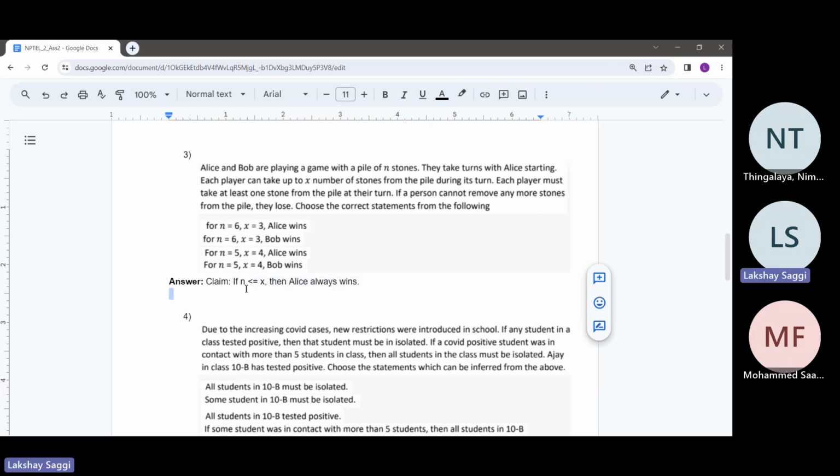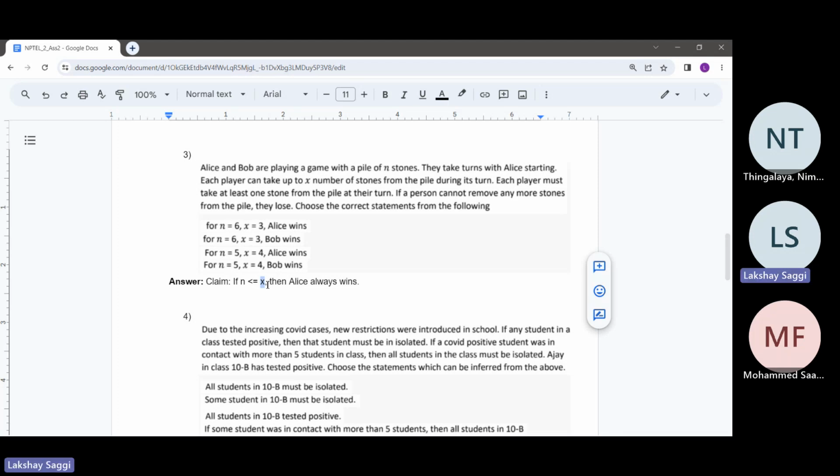Let's just take an example. If n was 5 and let's say x was 6. The number of stones in the pile is only 5, but Alice can pick a maximum of 6 stones in one go. So Alice can also pick 5 stones, right? The maximum is x and the minimum you can pick is 1. So Alice can pick all the n stones, all the 5 stones, by herself.